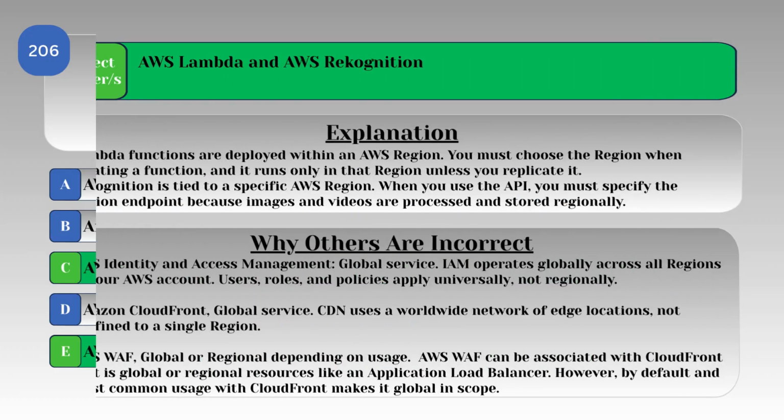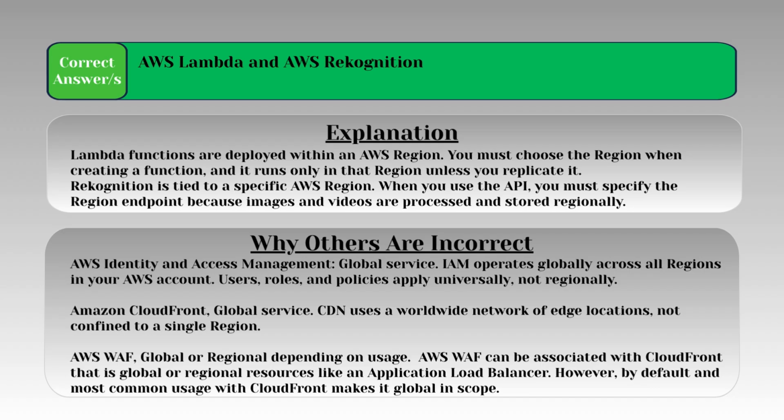Explanation: Lambda functions are deployed within an AWS region. You must choose the region when creating a function, and it runs only in that region unless you replicate it. Rekognition is tied to a specific AWS region. When you use the API, you must specify the region endpoint because images and videos are processed and stored regionally.